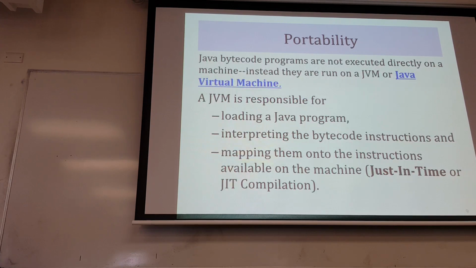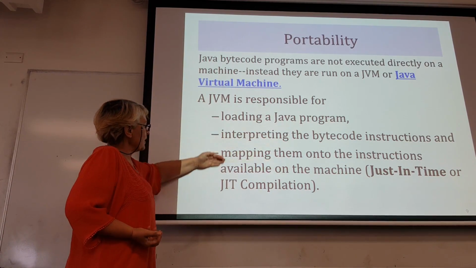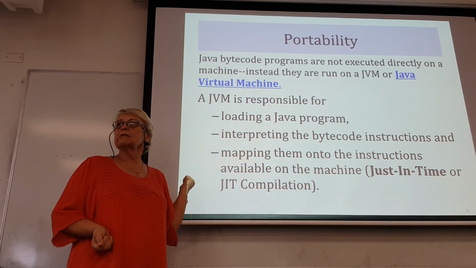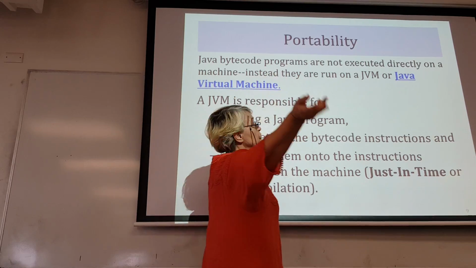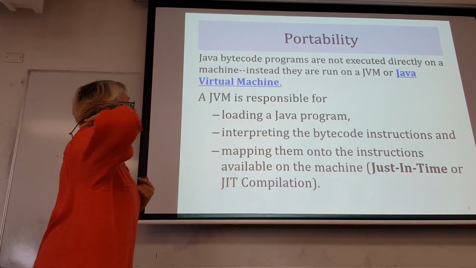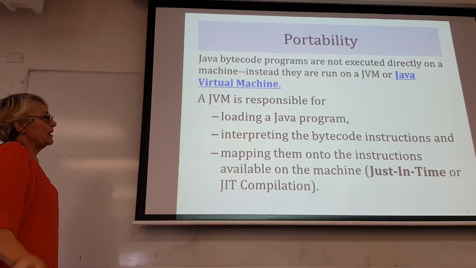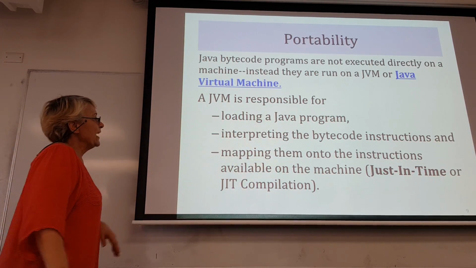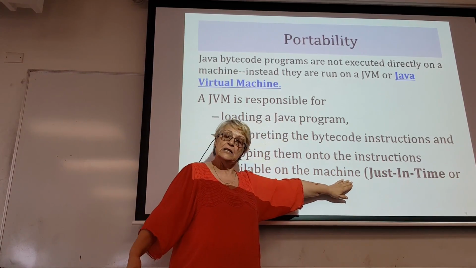Right. So the Java virtual machine is a software, be aware. It's a metaphor. It's not a machine itself. It's a program which is responsible for these three components. It does loading a Java program, interpreting the bytecode instructions, the code in the filename.class, and mapping them into instructions available on the machine.